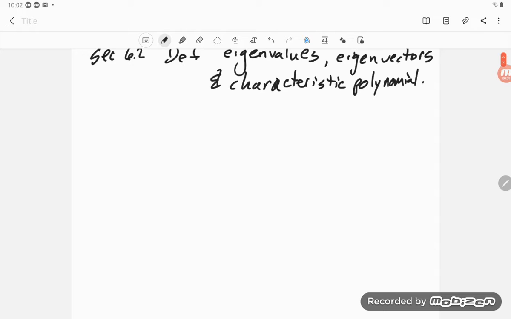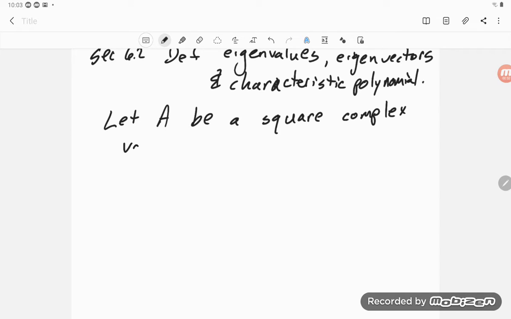Okay, so for our definition, we need to let A be a square complex valued matrix. Now, it could be real valued, but complex valued matrix.